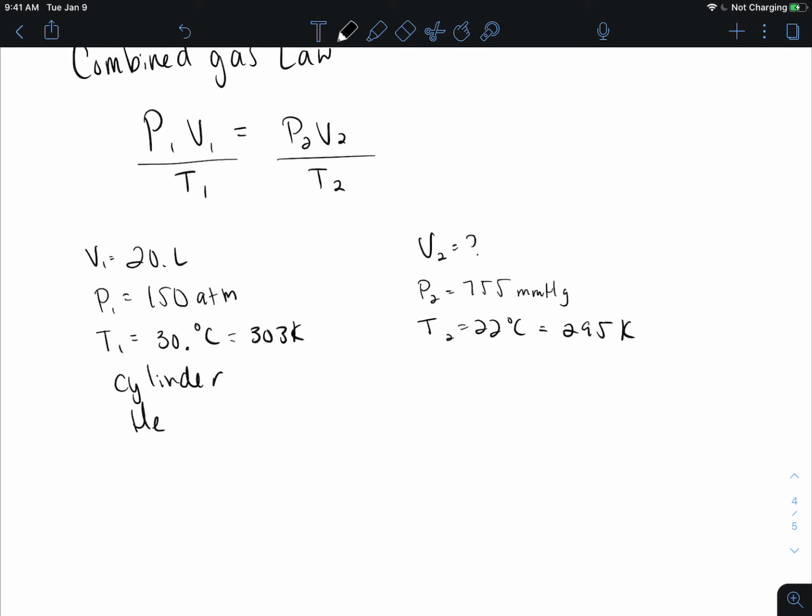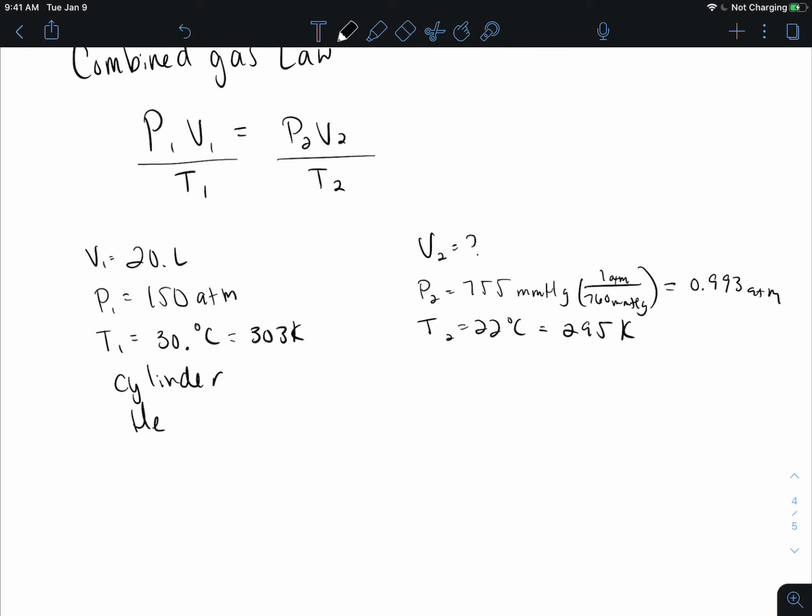We have our pressures in atmospheres and millimeters of mercury. I don't really care which way you change it. I'm going to change it from millimeters of mercury into atmospheres. So we'll divide this by 760 millimeters of mercury, giving us 0.993 atmospheres. Now all the units are the same, and we also have Kelvin.